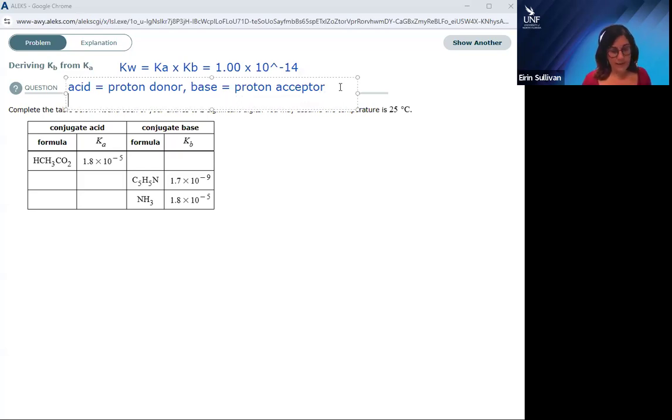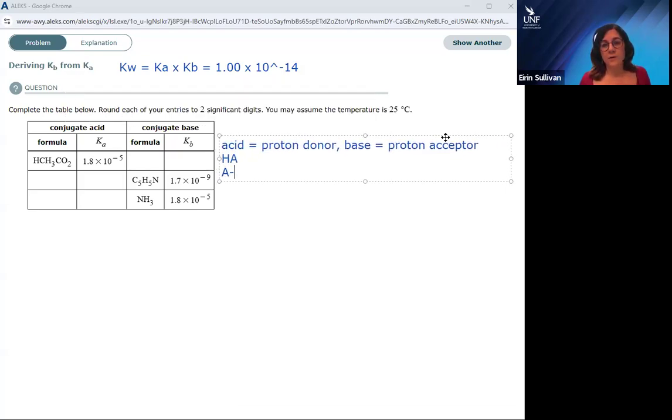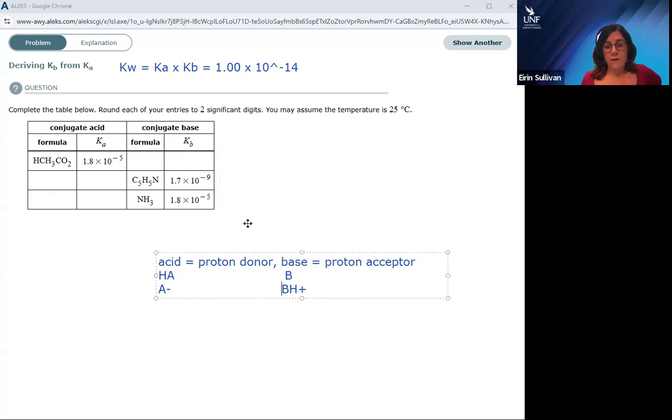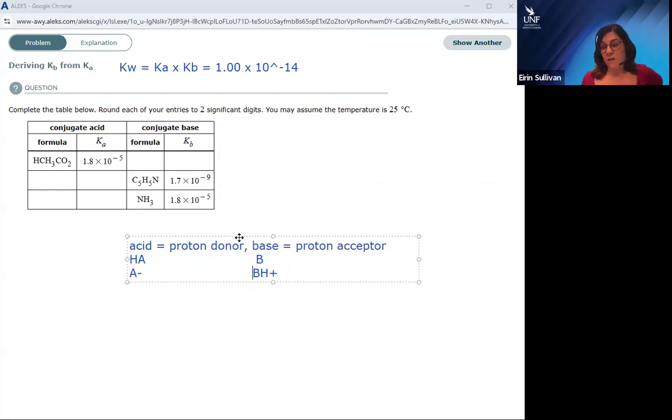So if your acid is HA, then its conjugate base is the anion component, A minus, what is left behind after it has donated its proton. Similarly, if you have a base and it accepts a proton, its conjugate acid will be BH plus, the base with a proton stuck to it. So you can use this to write the formulas for the conjugate base of a weak acid or the conjugate acid of a weak base, as you like.